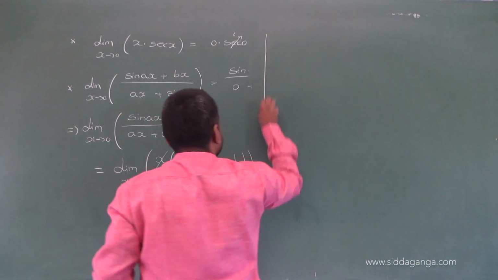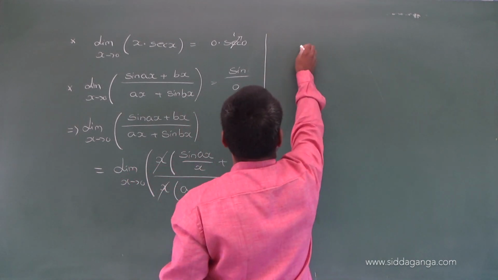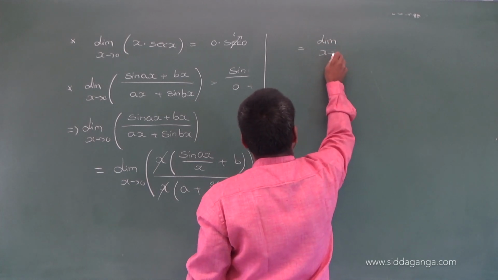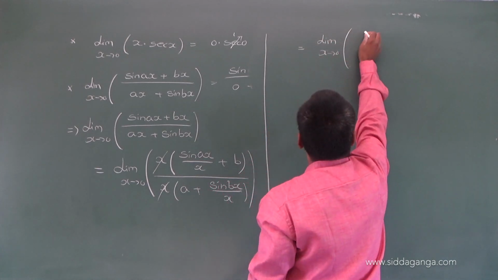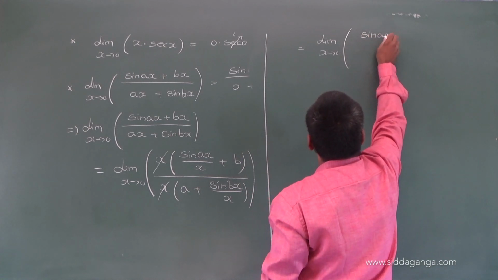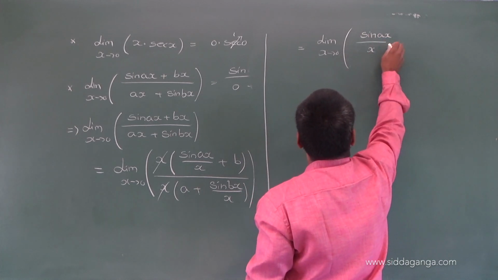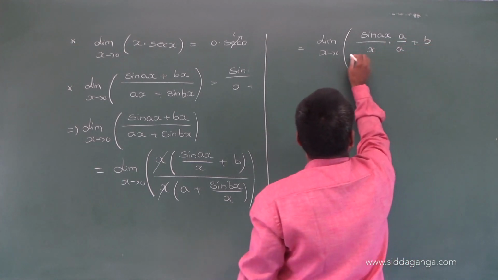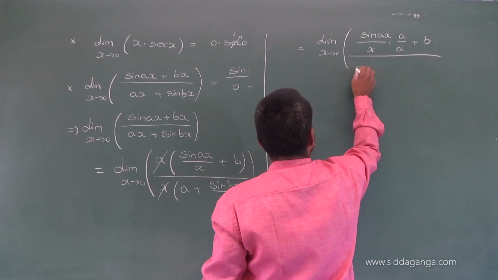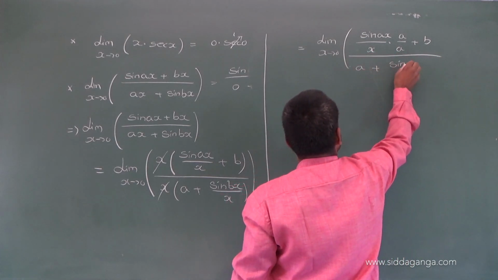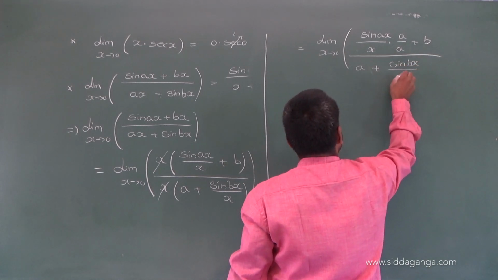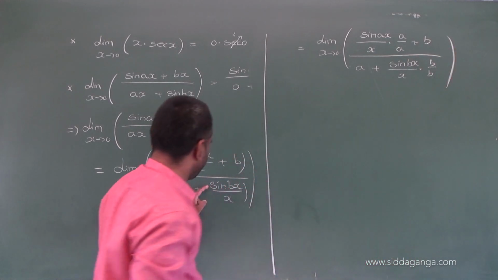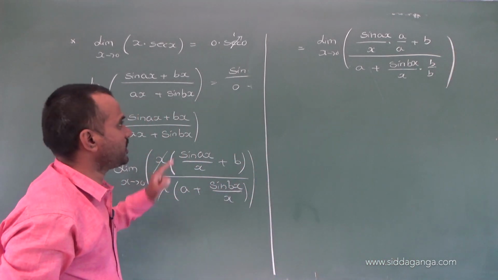So that is equal to limit x tends to 0, sin ax divided by x plus b, whole divided by a plus sin bx divided by x. For that, multiply and divide by a here and by b there.